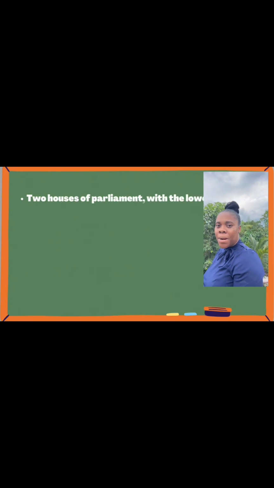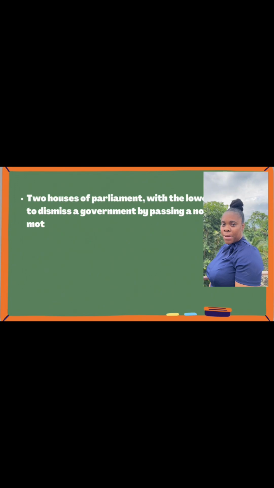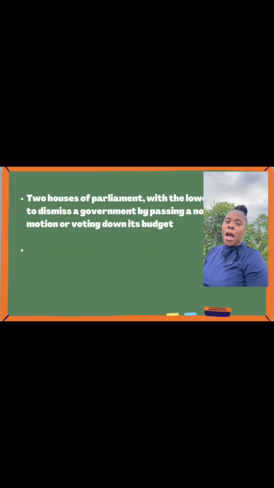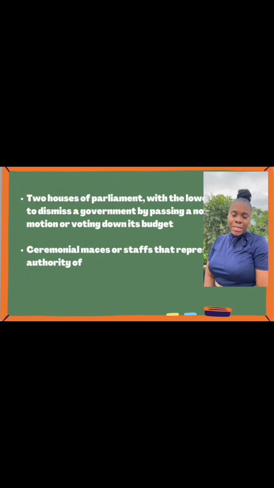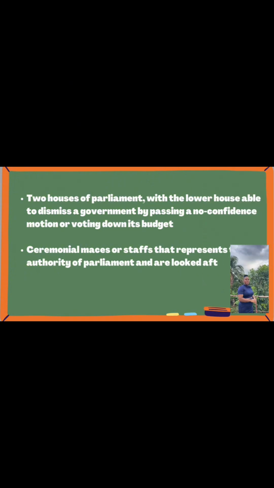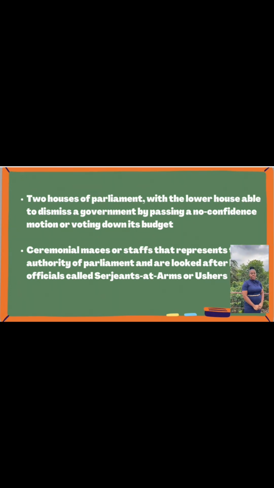Number 4, 2 houses of parliament, with the lower house able to dismiss a government by passing a no confidence motion or voting down its budget. Number 5, ceremonial maces and staffs that represent the authority of parliament and are looked after by officials called sergeants at arms or ushers.